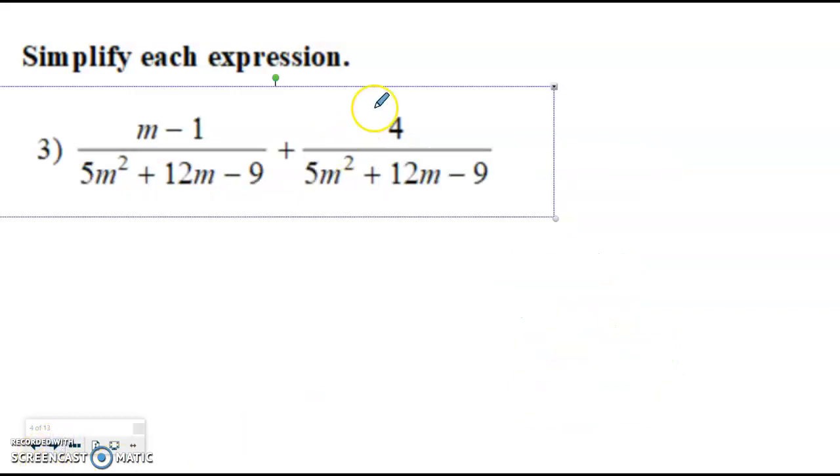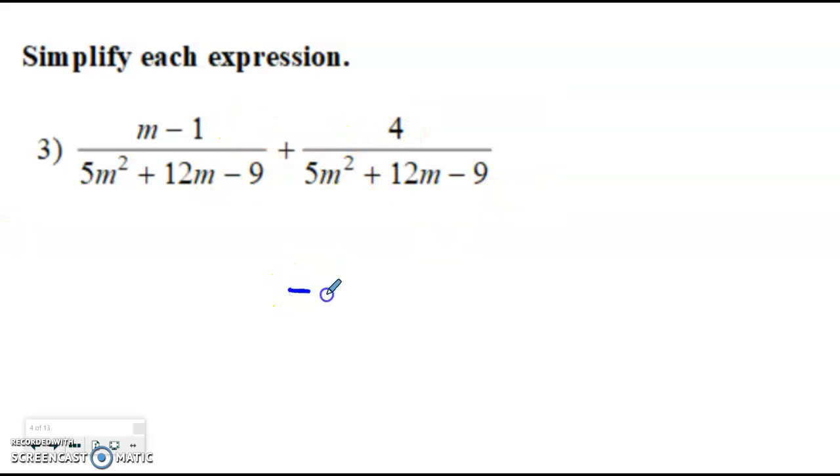Okay. Let's look at this next one here. Same idea. We know that it's going to be over 5m squared plus 12m minus 9. In this case, we're going to be combining or adding m minus 1 plus 4.